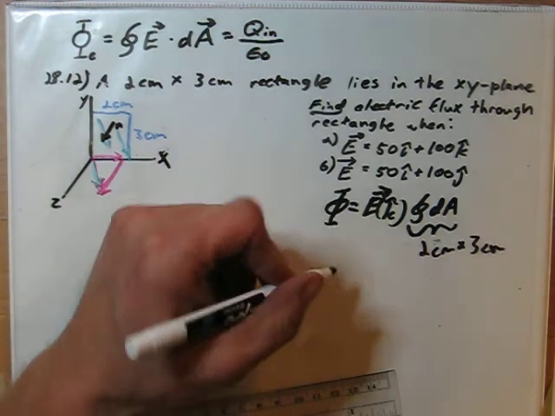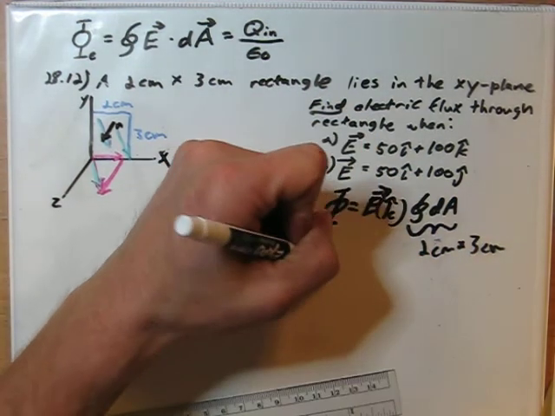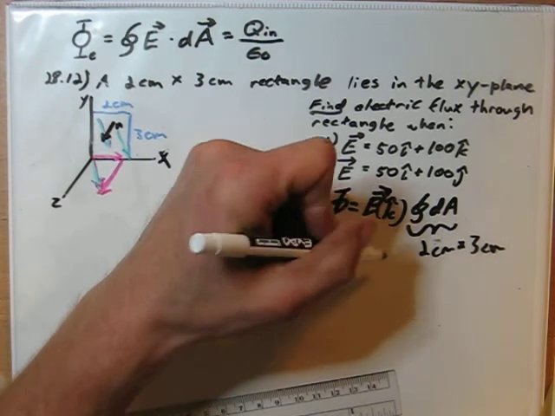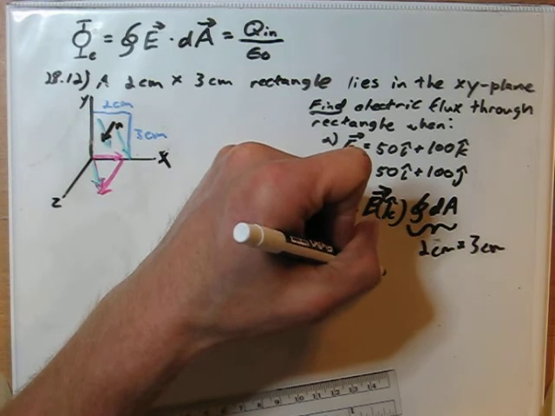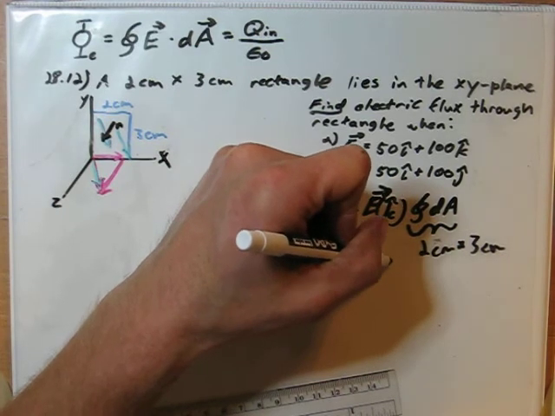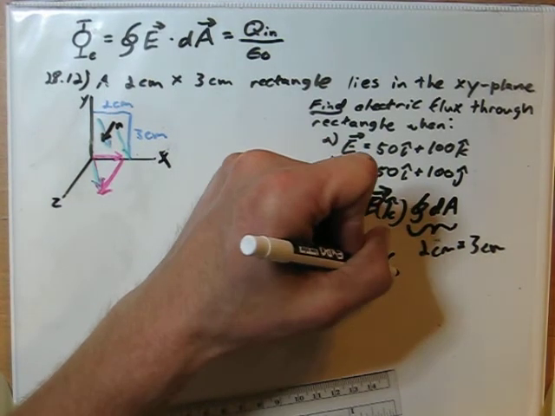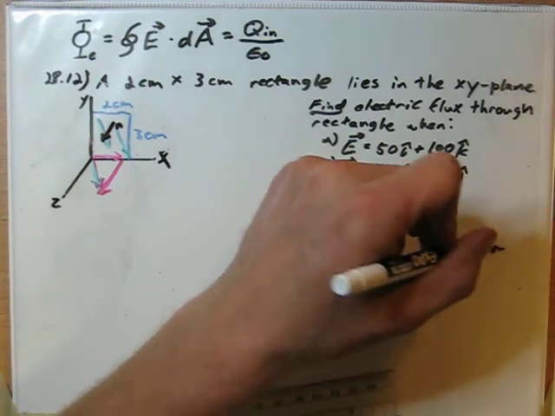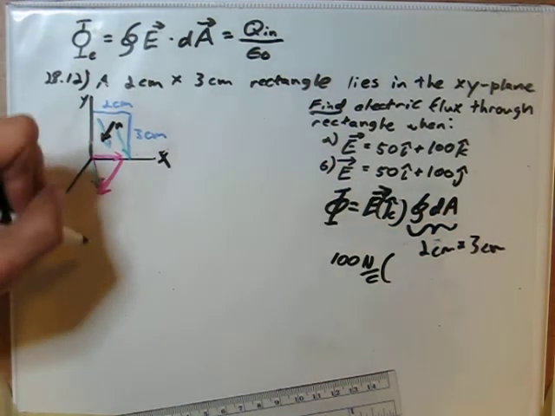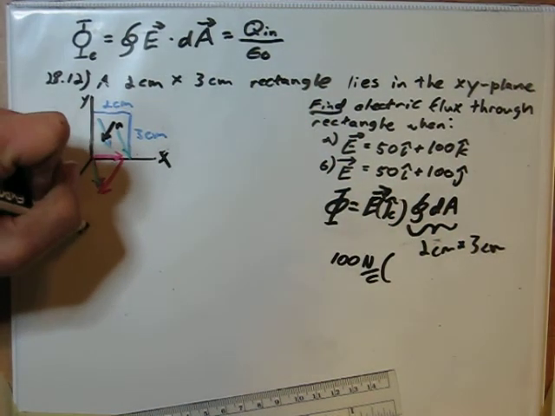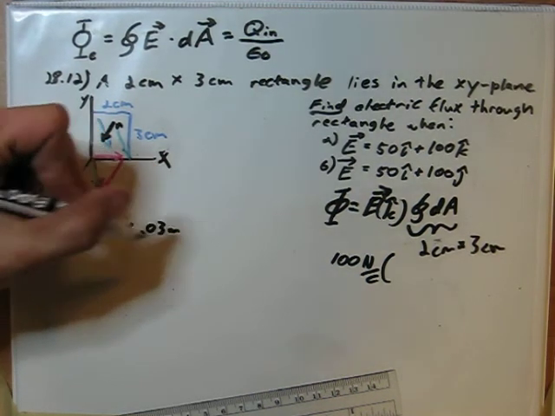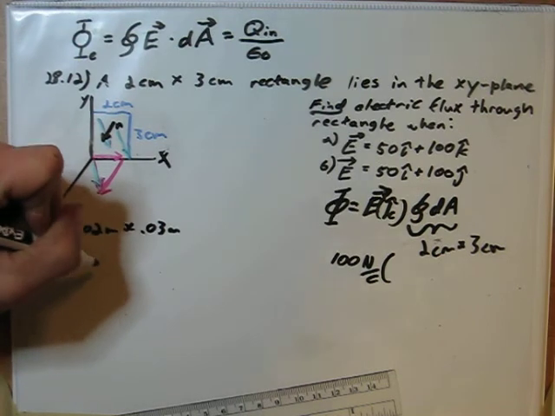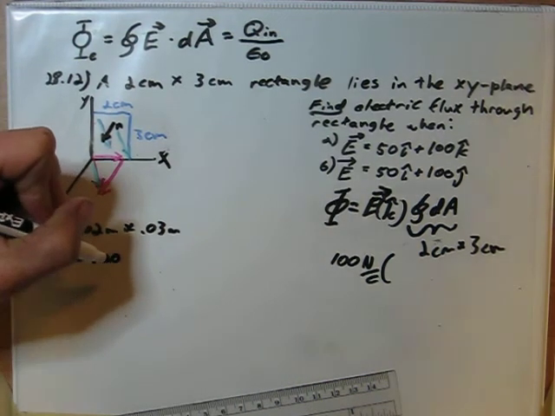Our flux is going to be equal to 100 newtons per coulomb times our area, which let's just convert to meters. That would actually be 0.02 meters times 0.03 meters, which ends up equaling 0.0006 meters squared. Let me double check my numbers.